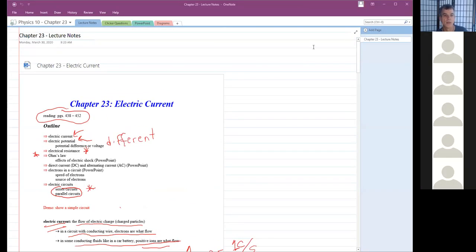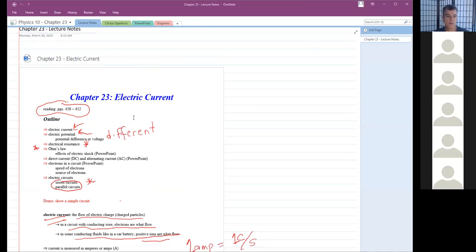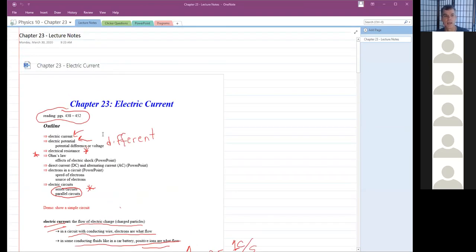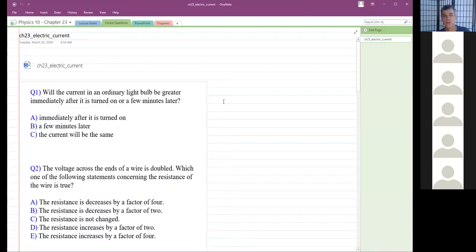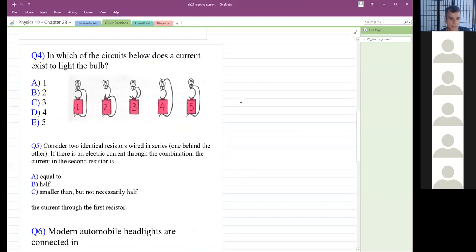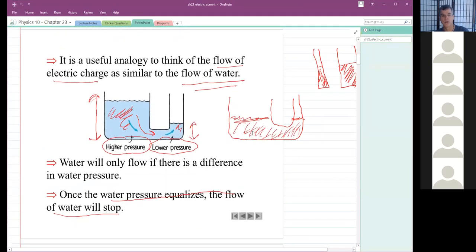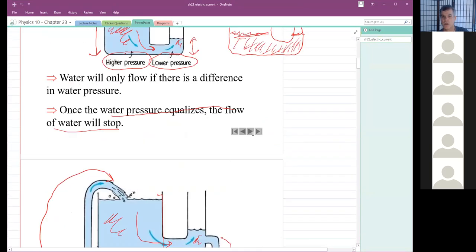What I'll be using for these online Zoom lectures is Microsoft OneNote, and I will throw in my lecture notes that I personally would use. This is just a Word document that I can then annotate. I will also include the clicker questions so that we can do the clicker questions together as a class. And then PowerPoint slides, I will throw those up there and use those in lecture also.